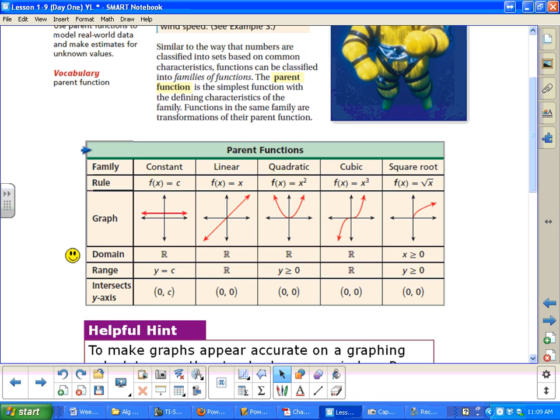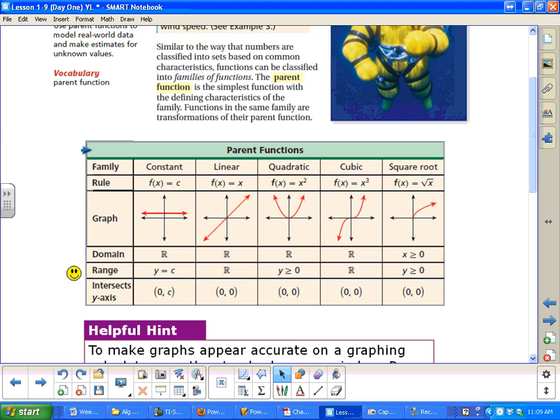Okay? The range. Notice, what's the degree for a linear function? What's the power? 1. Okay?